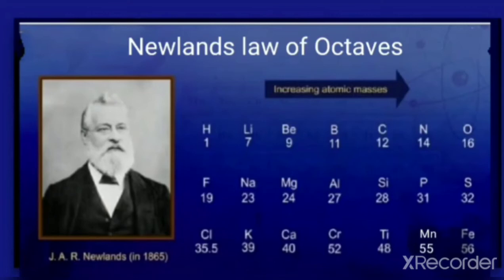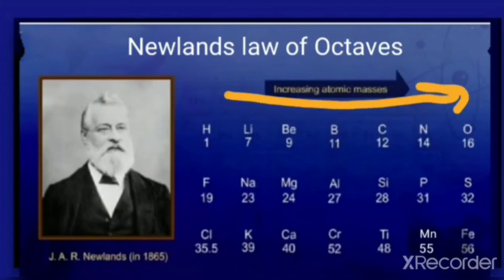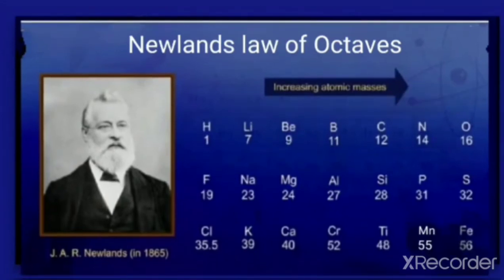According to him, when the elements are arranged in the increasing order of their atomic weight, the properties of every eighth element are similar to the first. Newlands called this relation the law of octaves, that is, Newland's law of octaves.